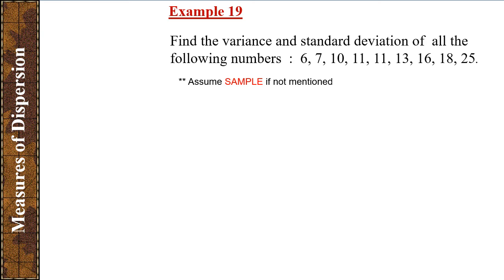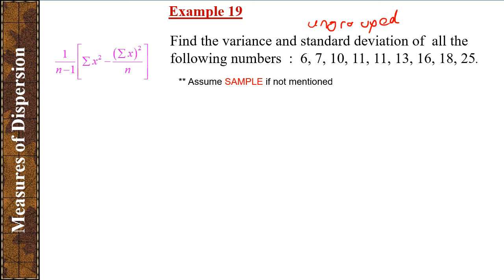Yes, of course, since we don't have a table and class intervals, this represents ungrouped data. So for ungrouped data, this is the formula. Remember, as I said earlier, we have n minus 1 outside. We have to find the sum of x squared and the sum of x, and then we square it over n. So what is the number of n?